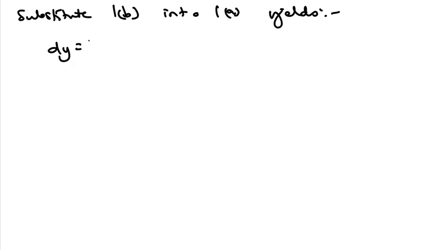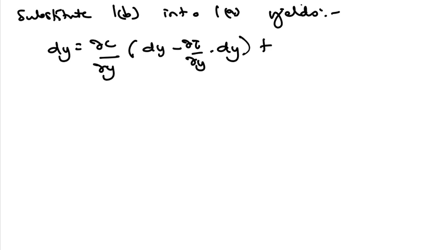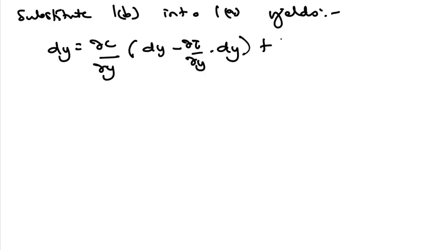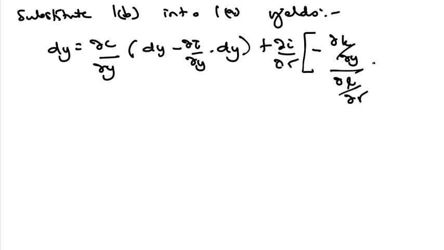So we have dY equals delta C over delta Y in bracket dY minus delta tau over delta Y dY in it, plus, let's look here, delta I over delta r times dr, but this time dr becomes this: minus delta K over delta Y over delta L over delta R times dY, plus dG. That's it.